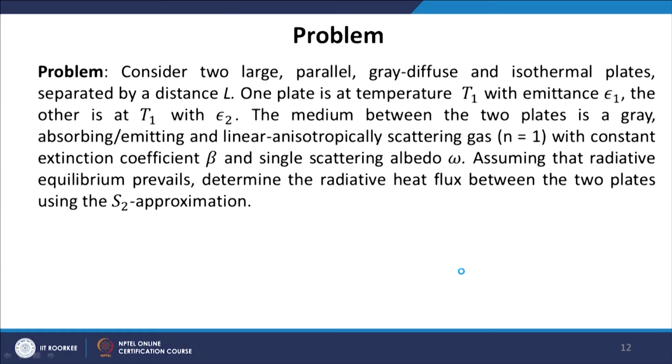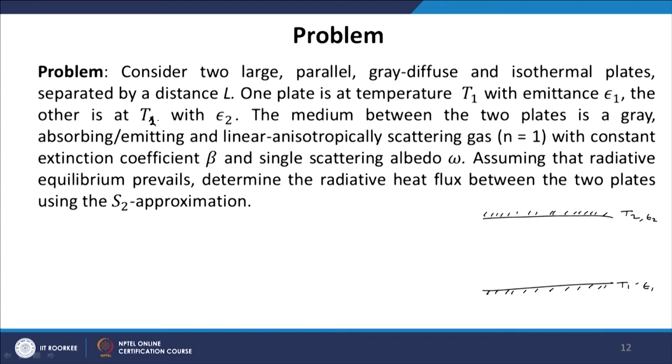Now, let us apply this method to solve one problem. We have two large parallel gray diffuse plates. The bottom plate has temperature T1 and emittance epsilon 1, the other plate is at temperature T2 with emittance epsilon 2.